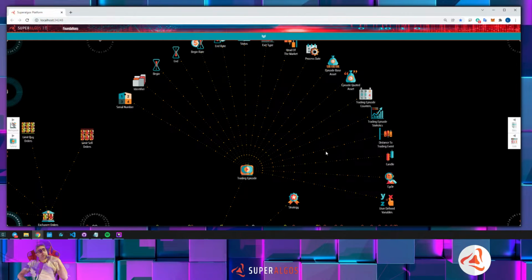Or we do it with a portfolio bot that we read the balances.